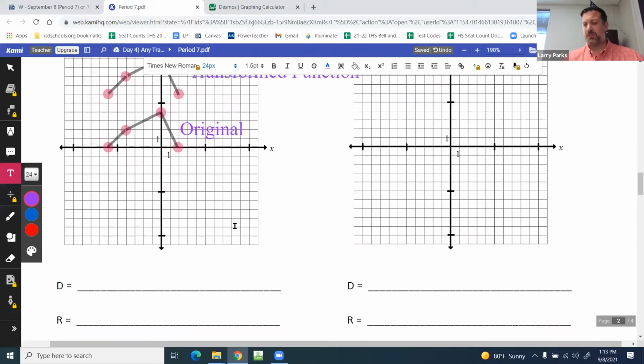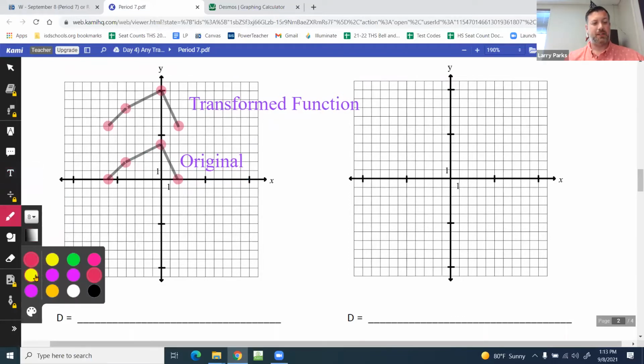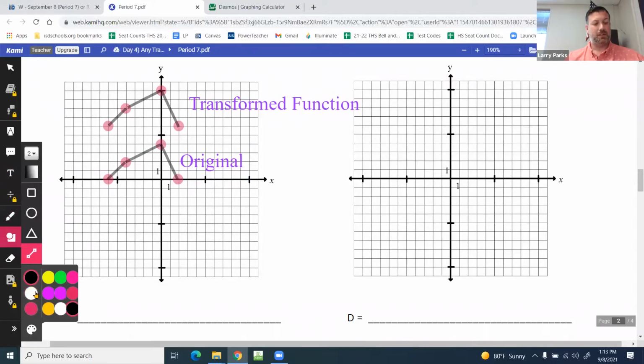Domain and range. Almost forgot that. So domain, and we're only talking about the new function. The domain would be from here. That's where it starts, and this is where it ends.